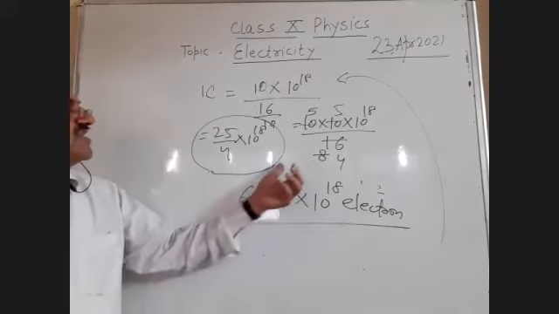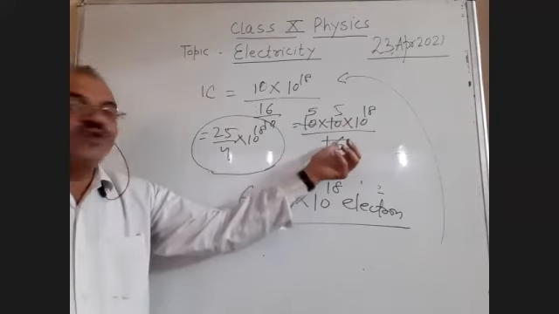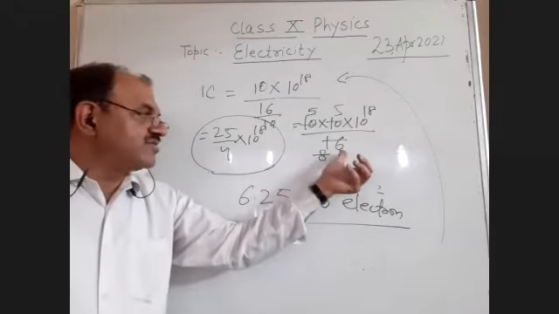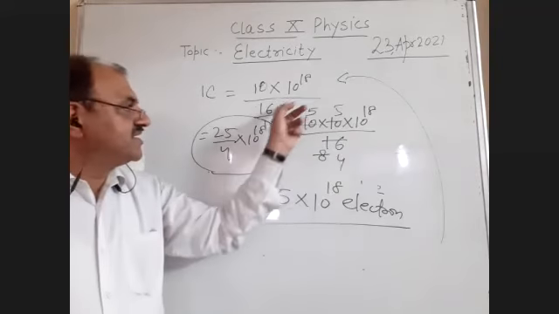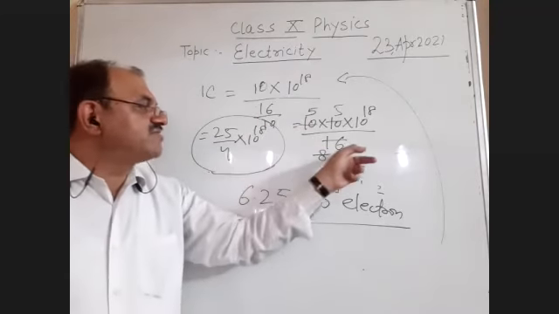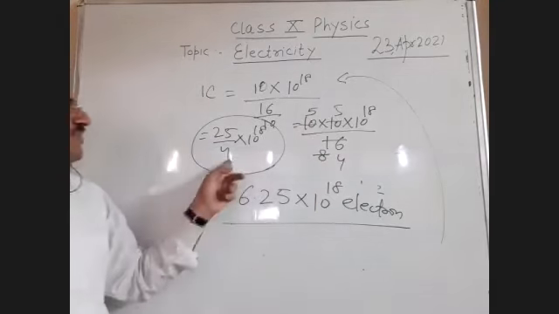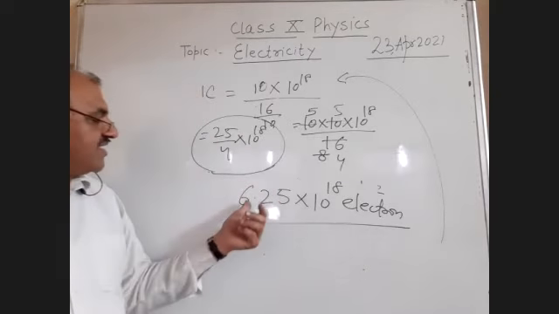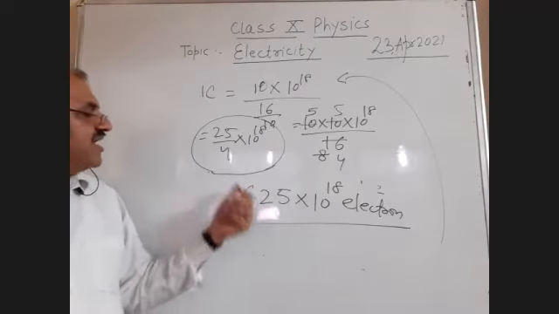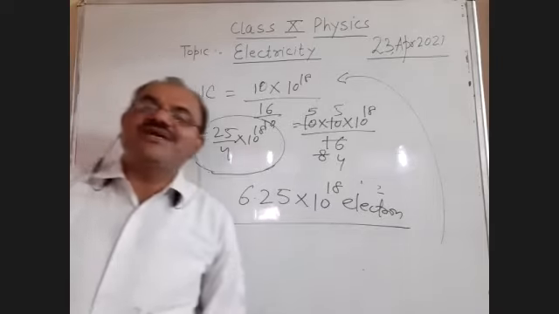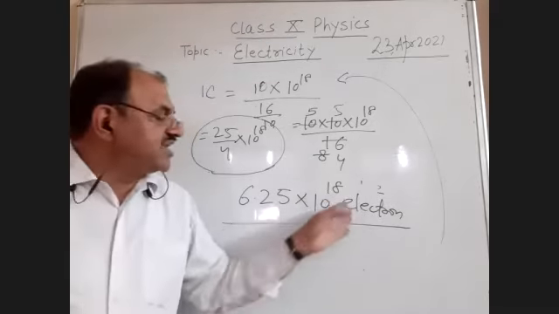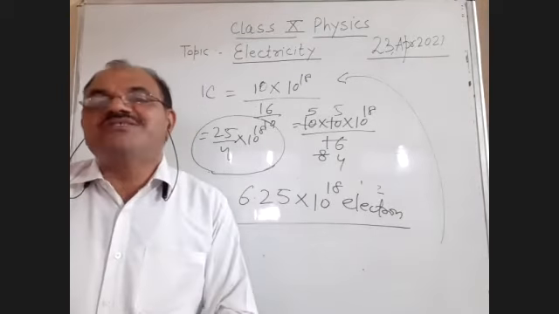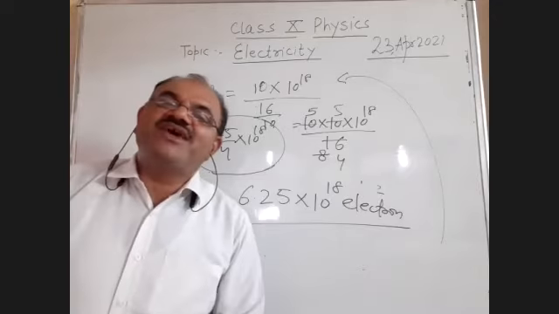After solving this, we have removed the decimals from 1.6, so 16 by 10. Further, we solved it and it is 25 by 4 into 10 raised to the power 18. The next step is 25 by 4, which is 6.25 into 10 raised to the power 18, the number of electrons present in 1 coulomb of charge.